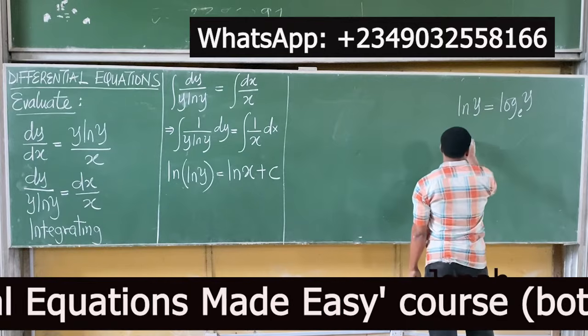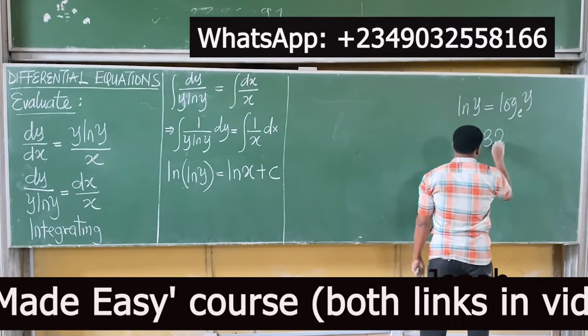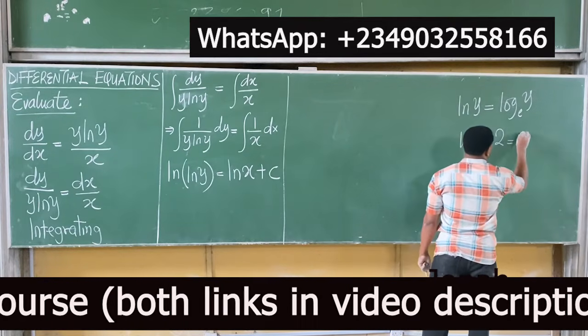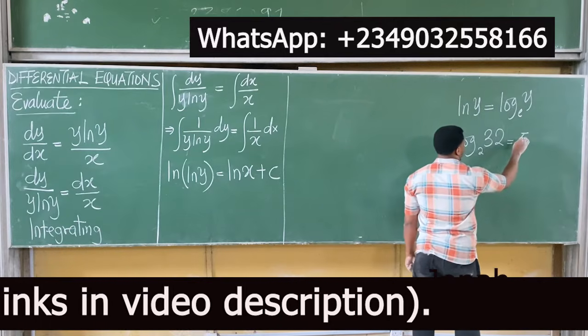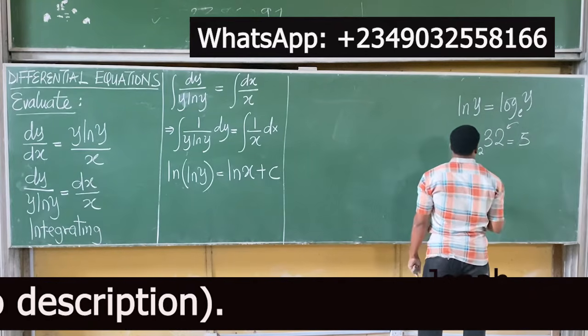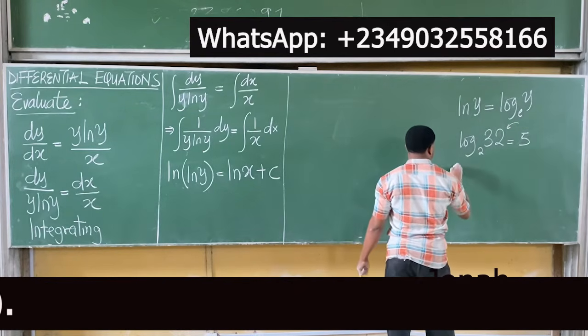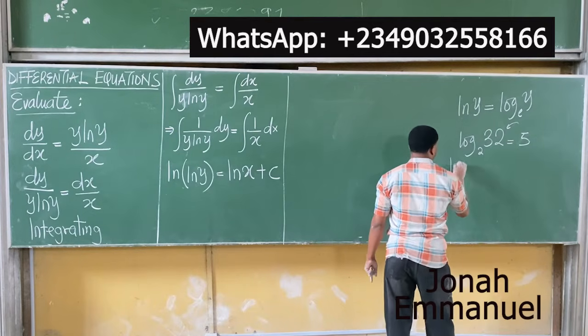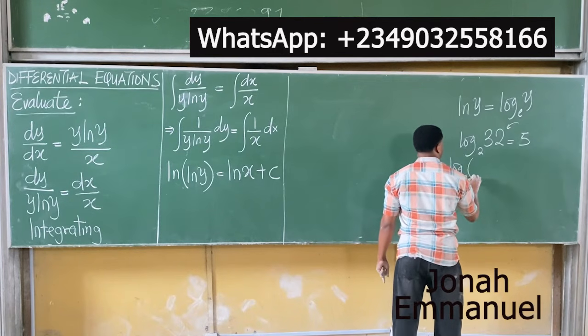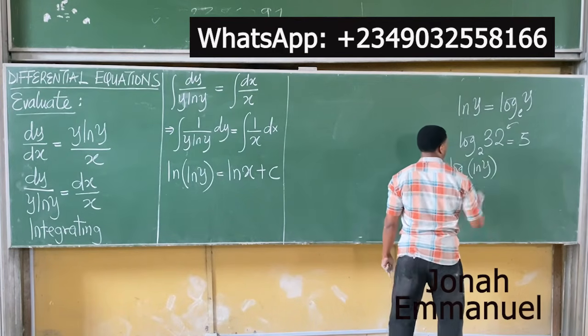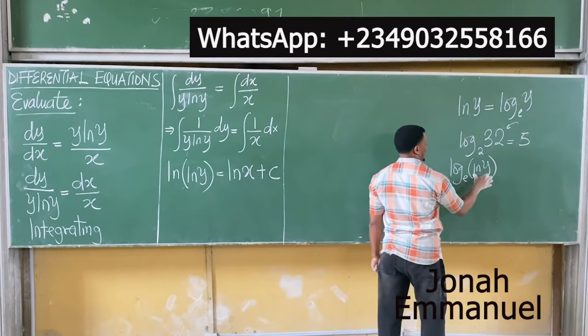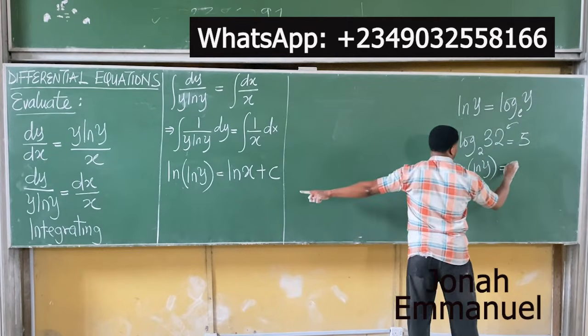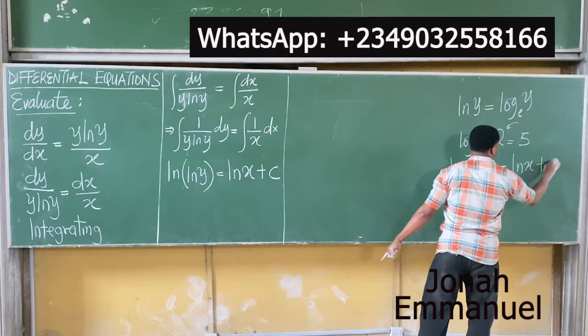And if I have log 32 to base 2 being equal to 5, that means 2 to the power 5 equals 32. So if I have ln of ln y, I have this. ln of ln y is equal to ln x plus c.